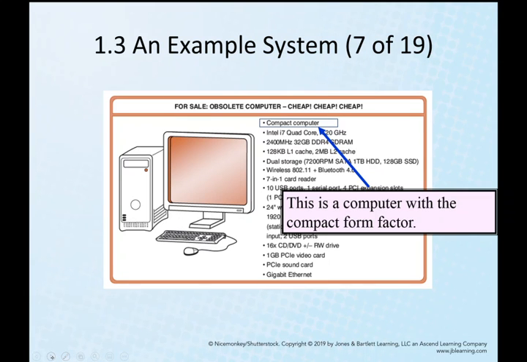Now let's go back to our example and advertisement. The first line of this advertisement says that it is a compact computer. Compact computer means that every part has been assembled in the factory and we get the entire system as a package.